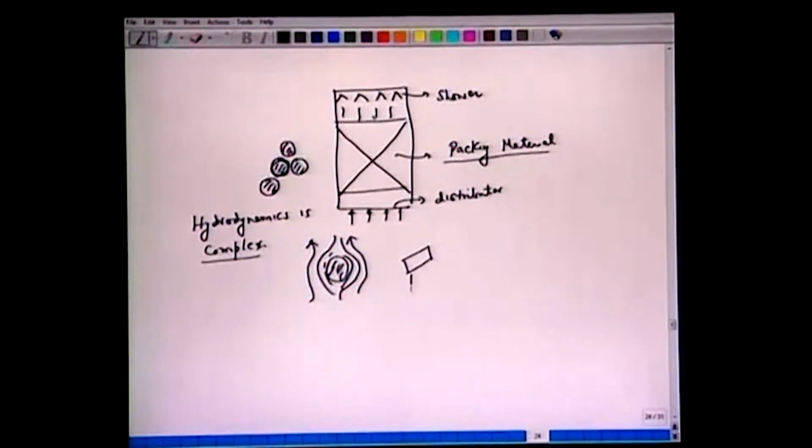If you have one packing like this, another packing like this, another packing like this, of Raschig rings, then you can imagine that the flow here is quite complex around this, either the water flow rate or the gas flow rate. So it's very difficult to analyze. All right.